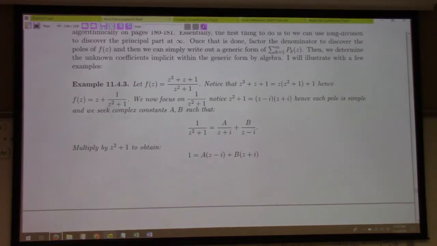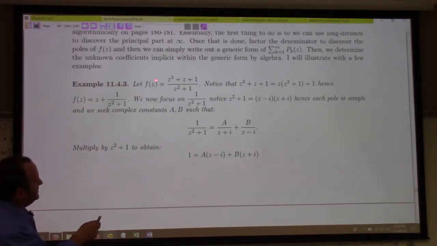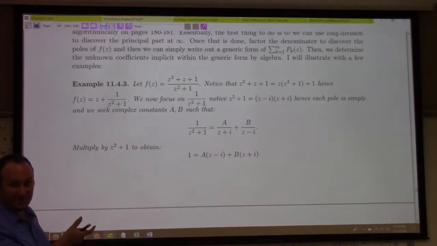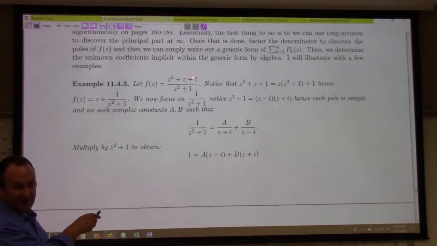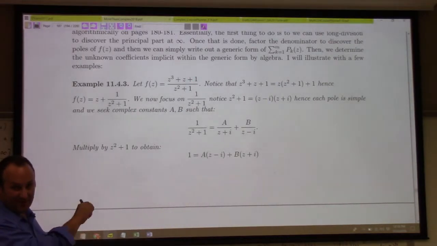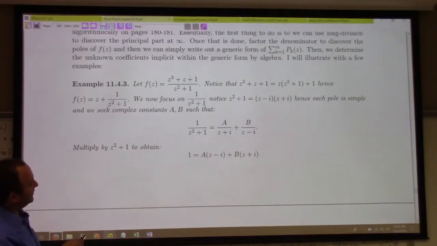Here's one: z cubed over z squared plus 1. You're going to have a simple pole at infinity, because the numerator has degree one more than the denominator. So we're going to have a degree 1 polynomial as its polynomial piece, which means it's got a simple pole at infinity. And we're also going to have poles at plus or minus i.